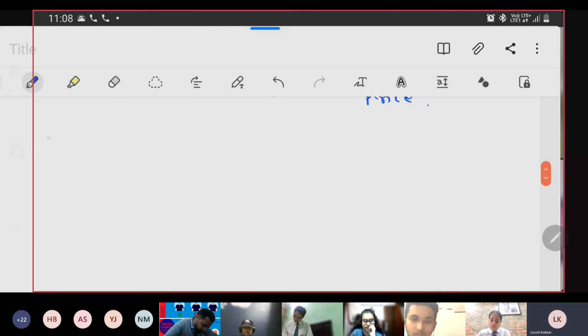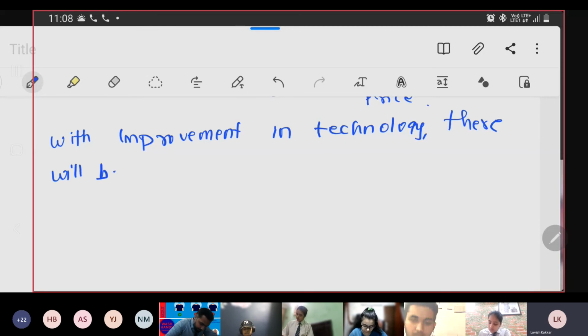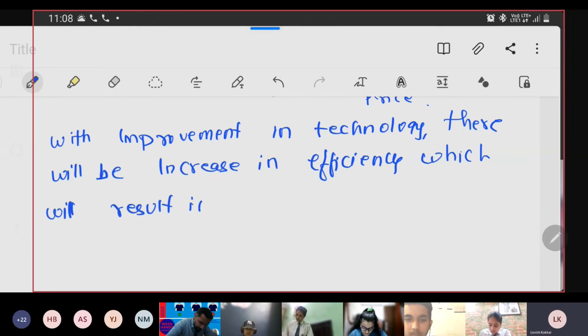So start framing your answer with improvement in technology. There will be increase or improvement in efficiency of workers, or just efficiency would also do, which will result in fall in cost of production.